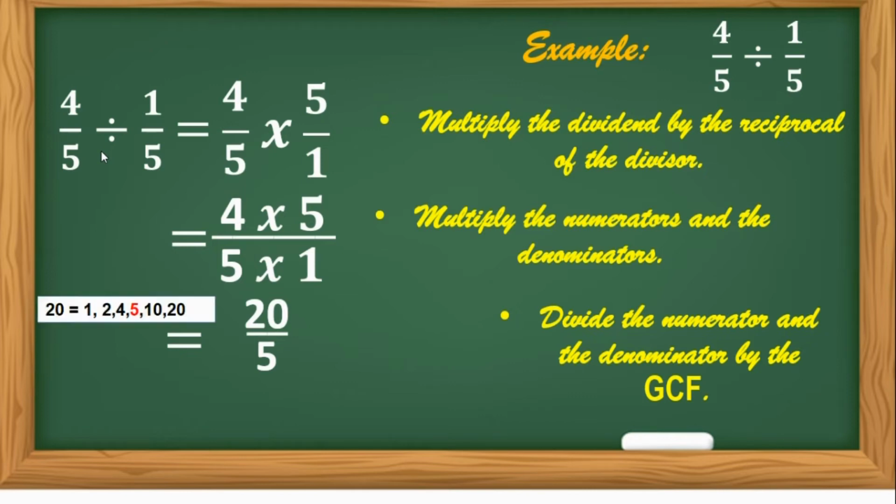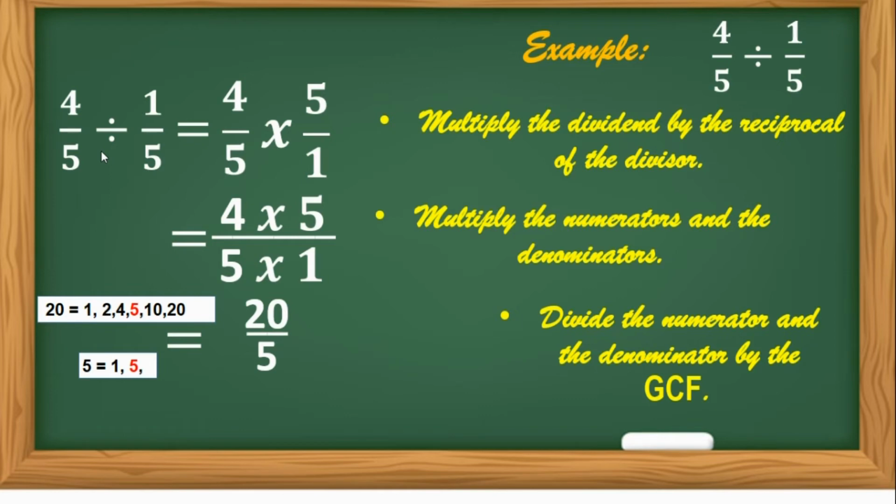So we all know that by listing method, the factors of 20 are 1, 2, 4, 5, 10, and 20. And the factors of 5 by listing method are 1 and 5. Now, the greatest common factor, or the greatest factor that can be found in 5 and 20, is 5.